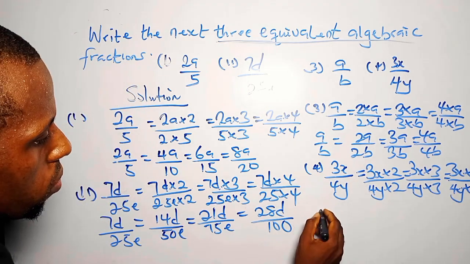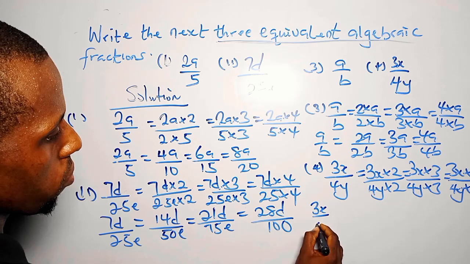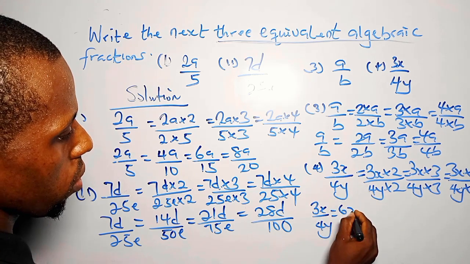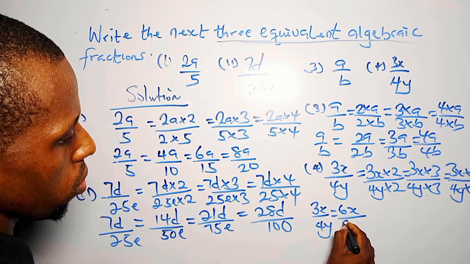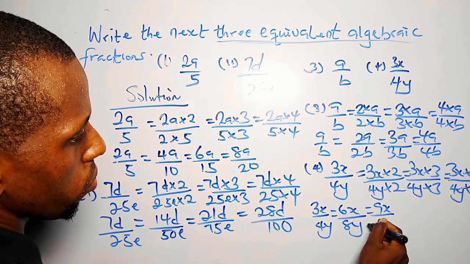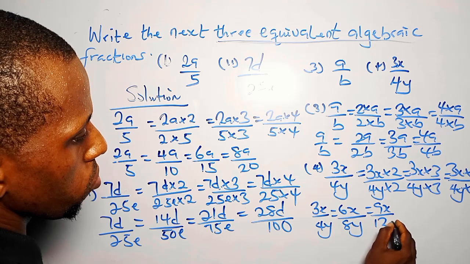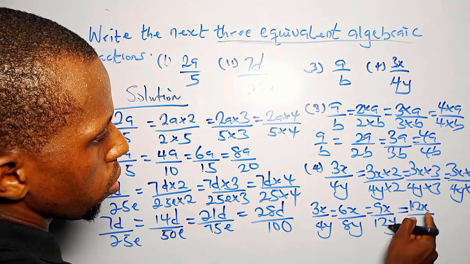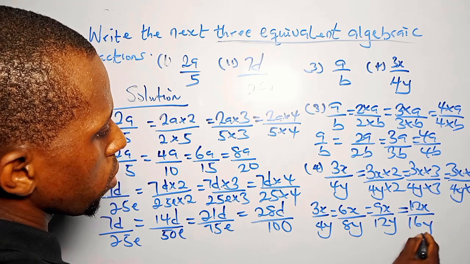So 3x over 4y equals 3x times 2 is 6x over 4y times 2 is 8y, equals 3x times 3 is 9x over 4y times 3 is 12y, equals 3x times 4 is 12x over 4y times 4 is 16y.